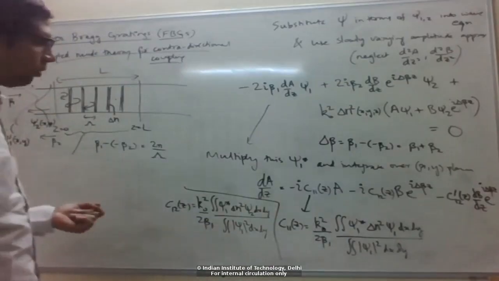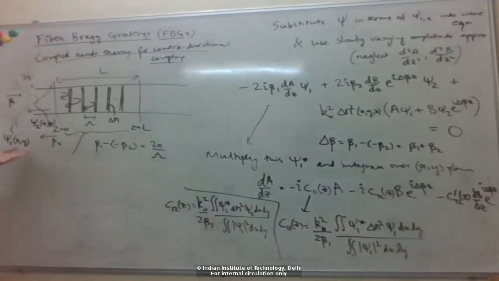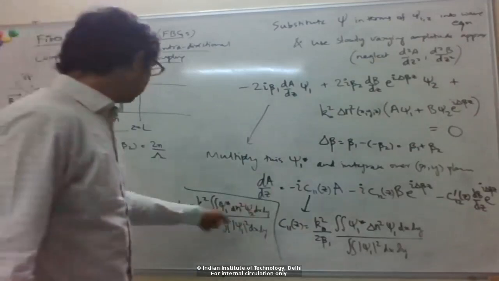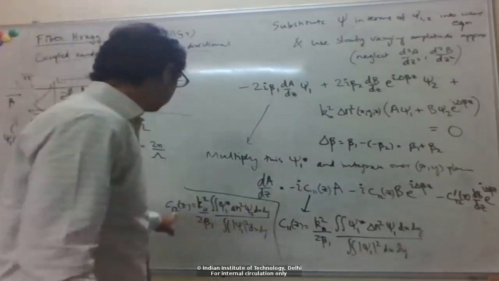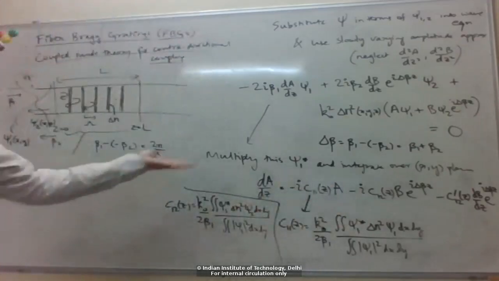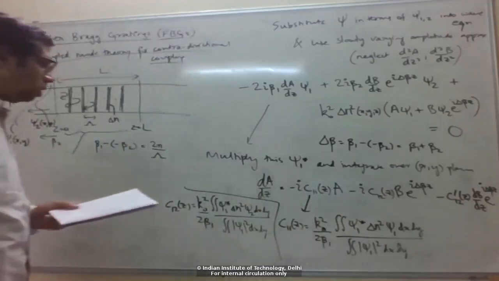So, for example, if you're doing this in a single mode fiber, then psi1 and psi2 are both the LP01 modes, right? So actually psi1 and psi2 are the same. So in that case, C11 and C12 will be the same because psi1 and psi2 are the same.